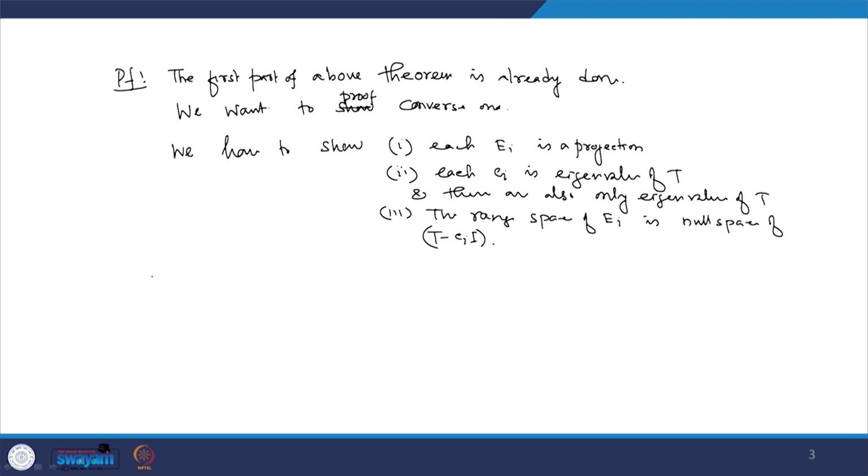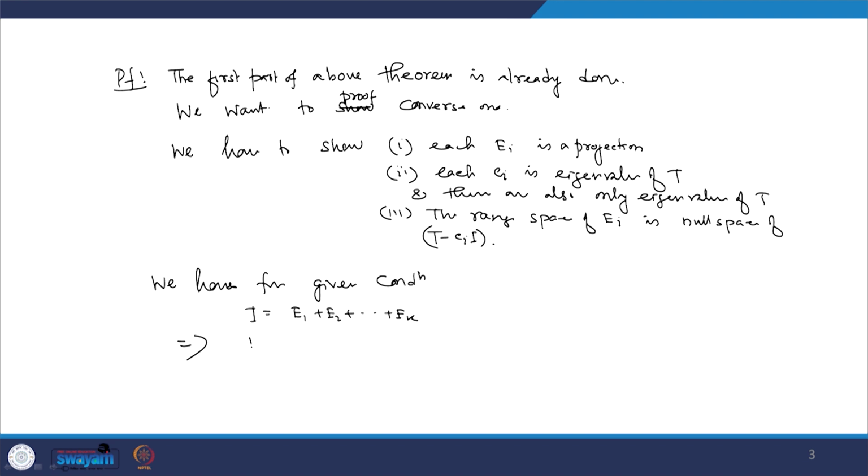Okay. From the given condition, I equals E1 plus E2 plus Ek.